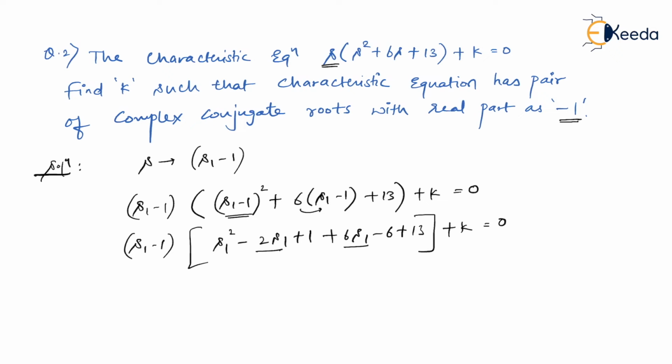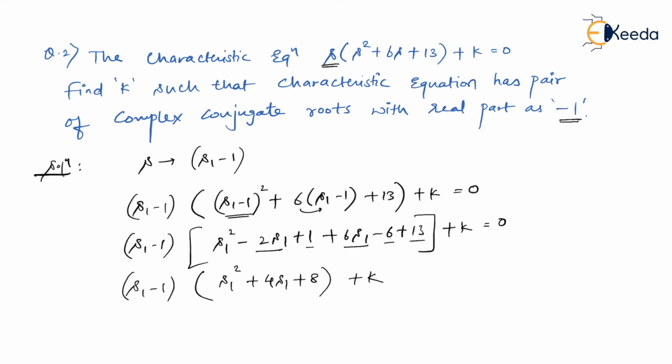So minus 2s1 plus 6s1 becomes 4s1, and 13 minus 6 is 7 plus 1 is 8. So s1 minus 1 is now going to get multiplied with s1 square plus 4s1 plus 8 plus k.